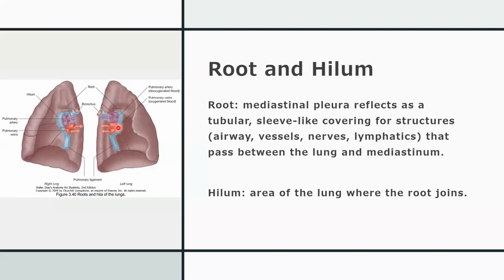This is continuous with the parietal pleura, this layer. And below it has a small expansion. This is called the pulmonary ligament. This allows expansion of these blood vessels and airways, and upward and downward movement of the airways during breathing. So this is the pulmonary ligament. The hilum is the area of the lung where the root joins the lung.